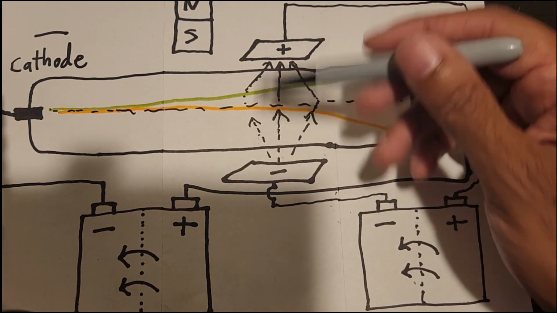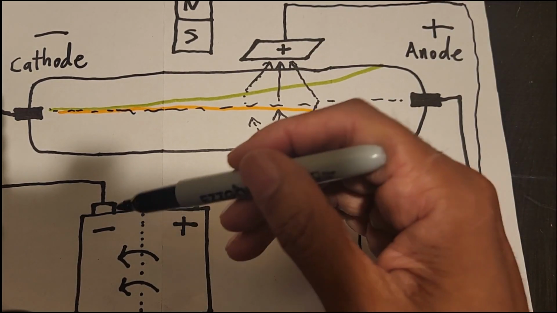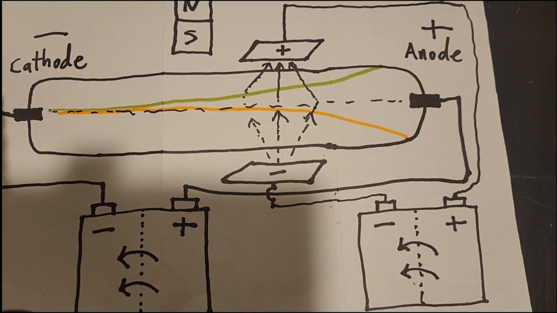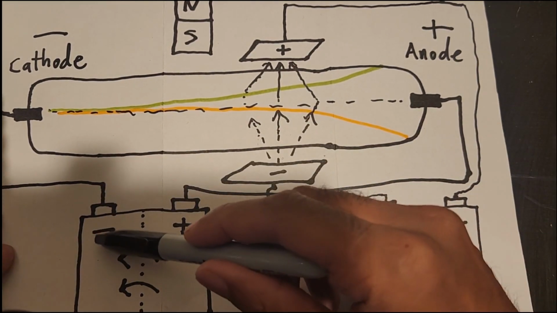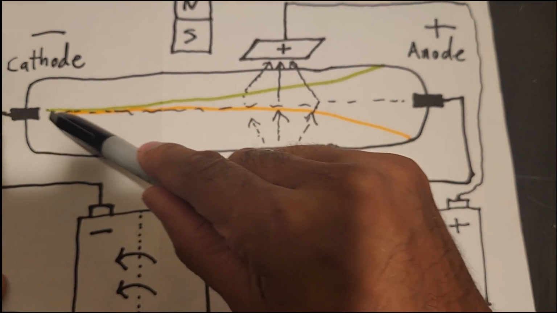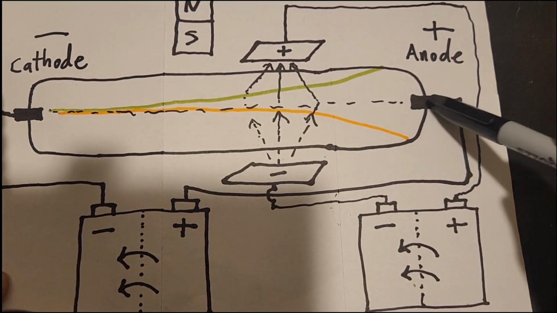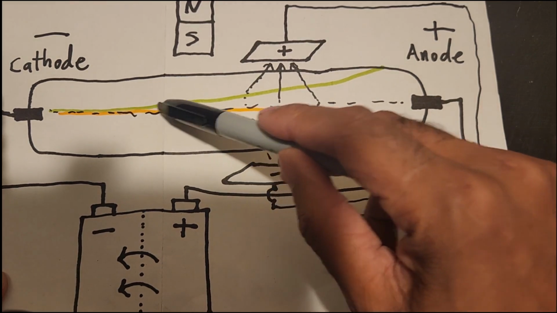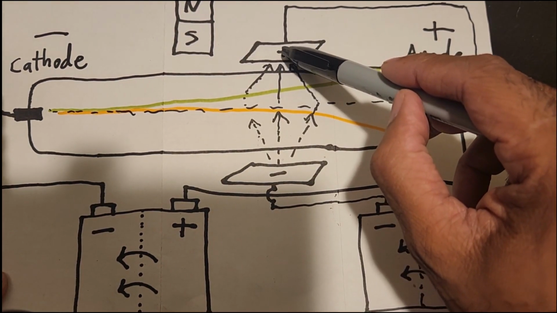Once that process starts happening, once this battery is on, and then we turn this battery on, what's going to happen is the light's going to come out here, go on the wire, and be attracted to this over here, which is the plus. But it's also going to be attracted to this here because this is a plus as well.